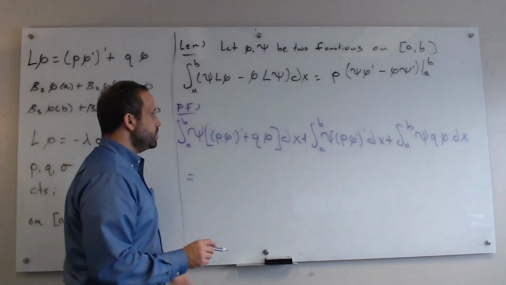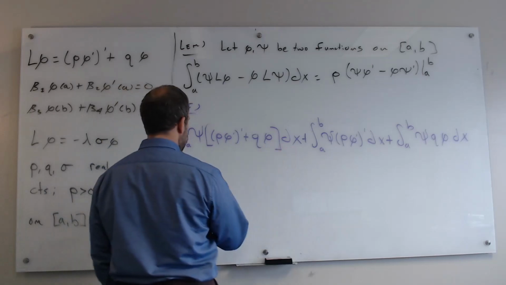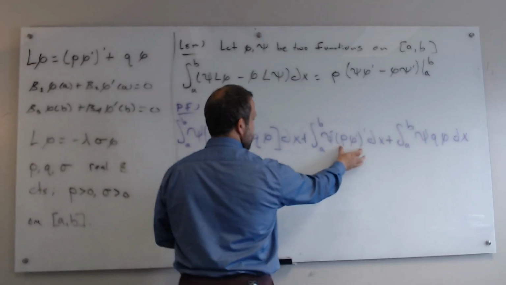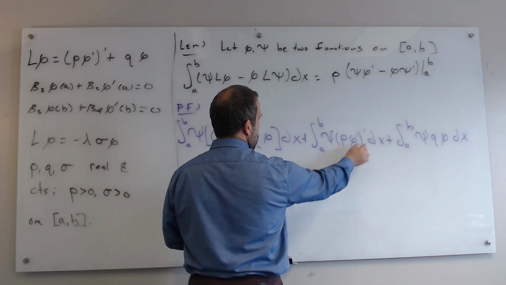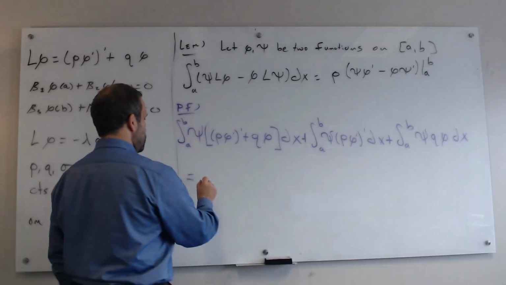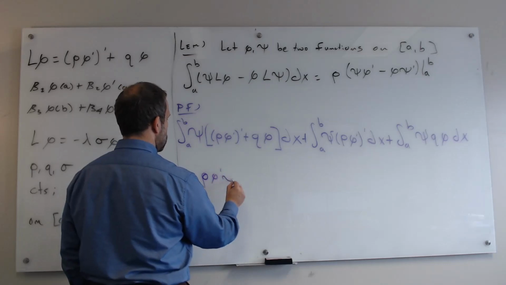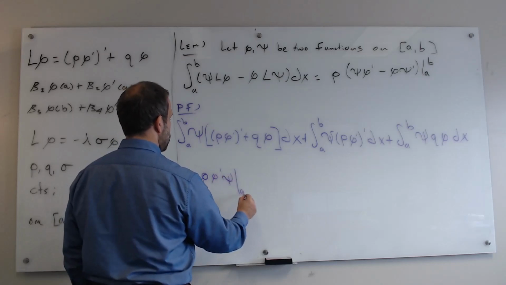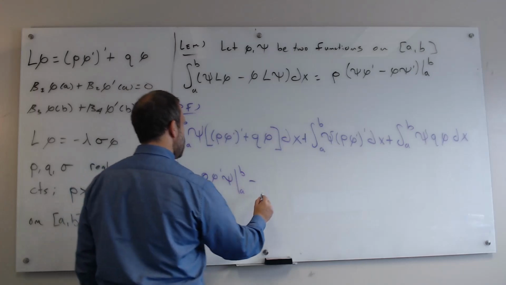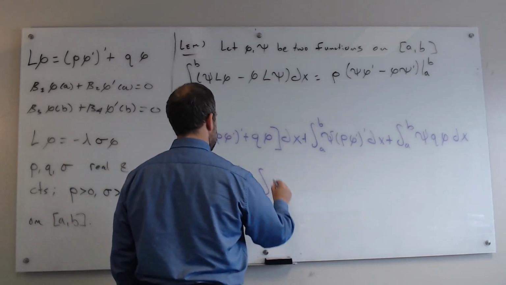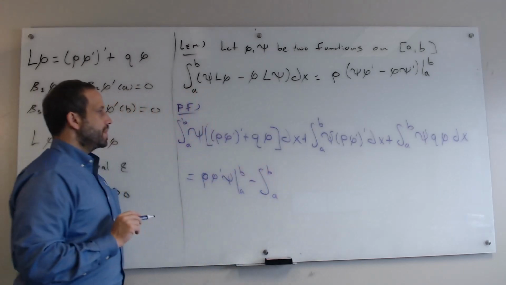And so when we do that, we're going to get p, so this term right here would be my v prime, because it has the derivative. So it's going to be p times phi prime times psi, evaluated from a to b, minus the integral from a to b. What are we going to get?